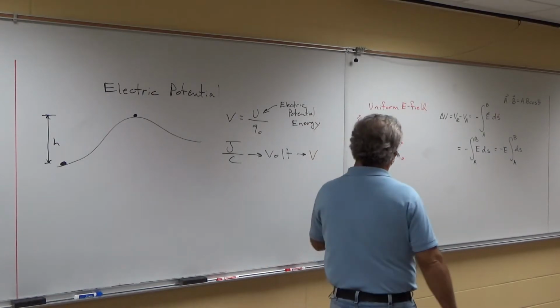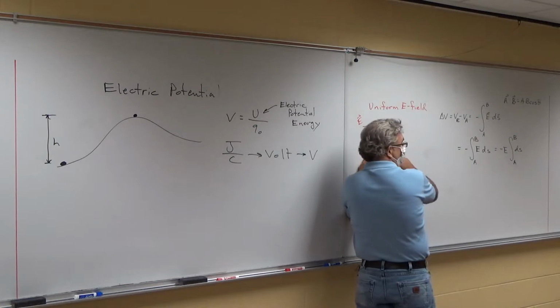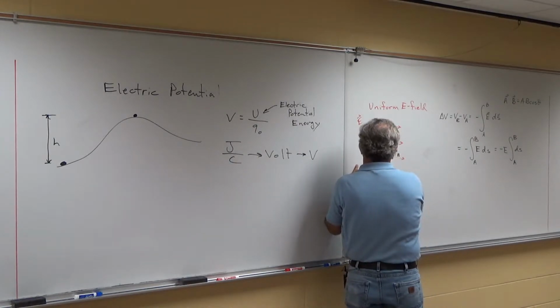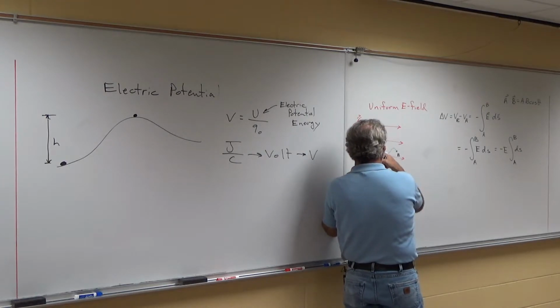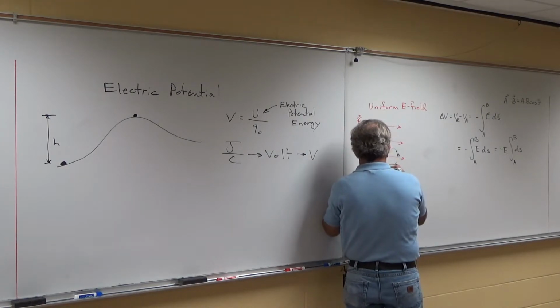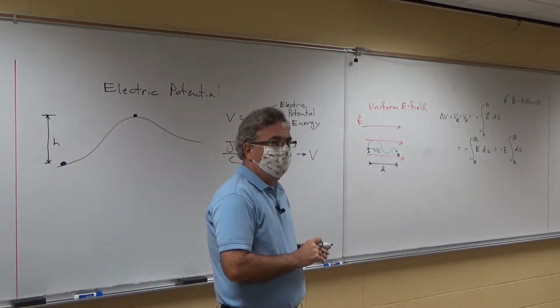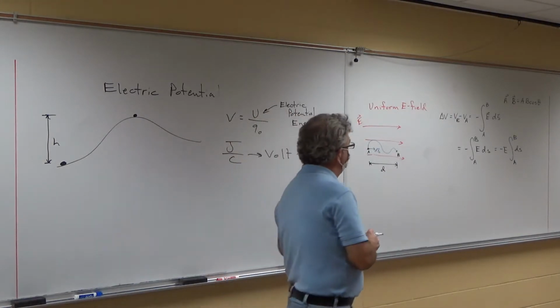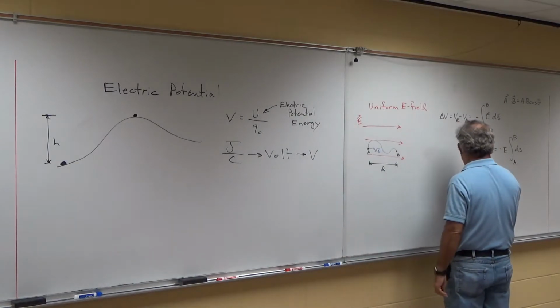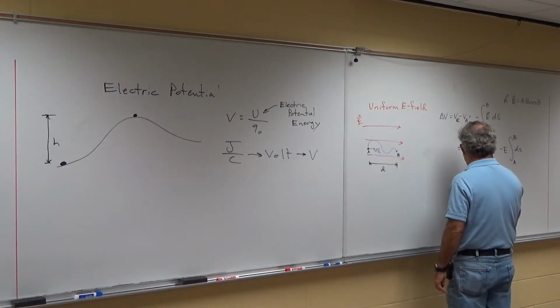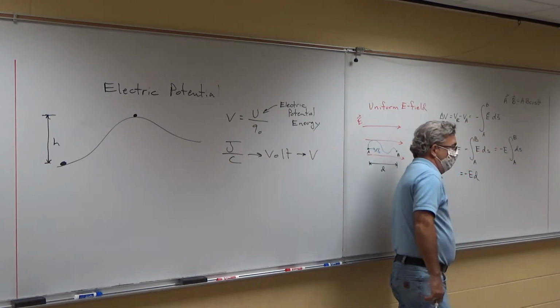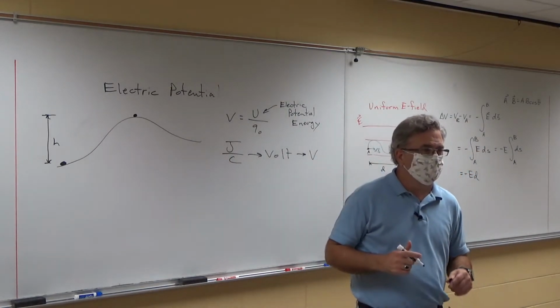Well, it's just this distance from A to B. I know I called the little vector ds, but I'm going to call that little distance d. So this is equal to negative Ed.